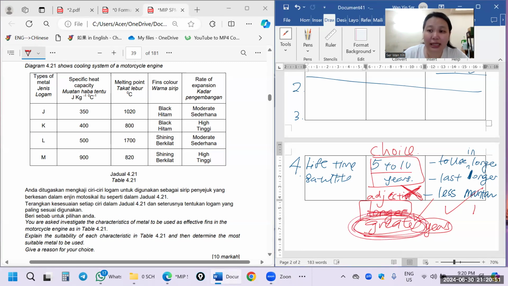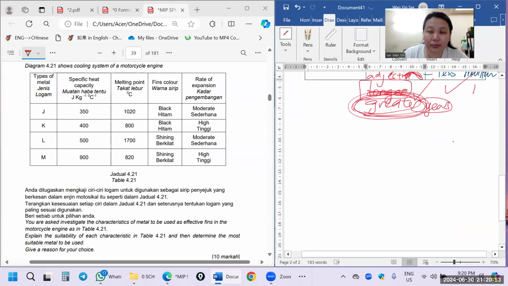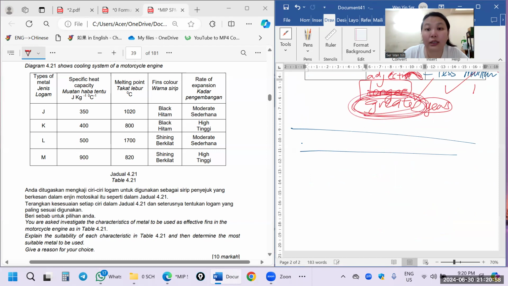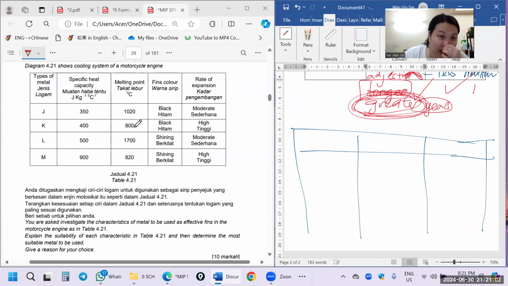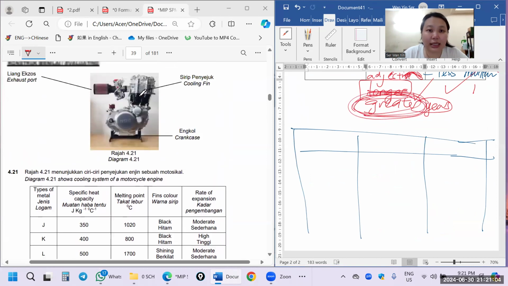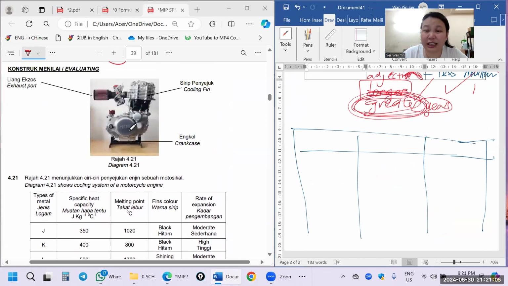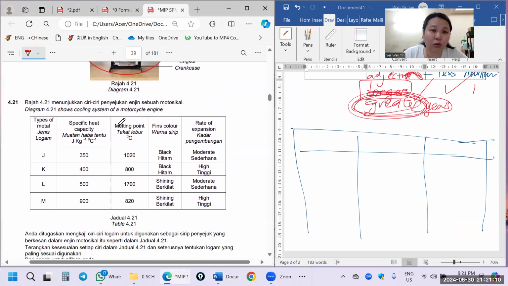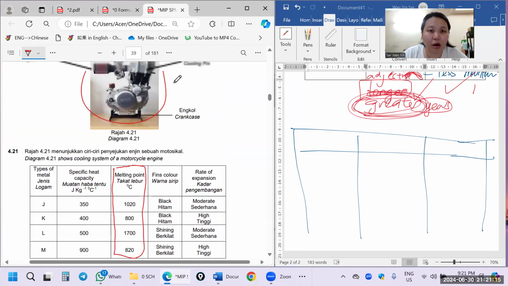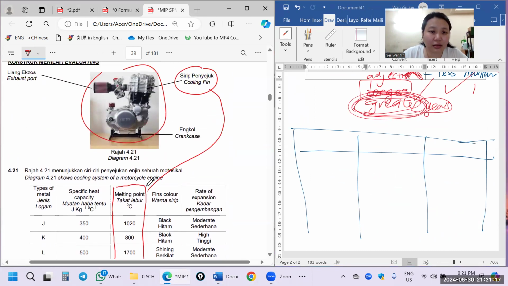Okay, now for example, this question. Still the same thing. I know you haven't learned, just common sense can. Okay, now let's say this is a cooling fin, the engine for the motor. Now, what should be the melting point of the fin?